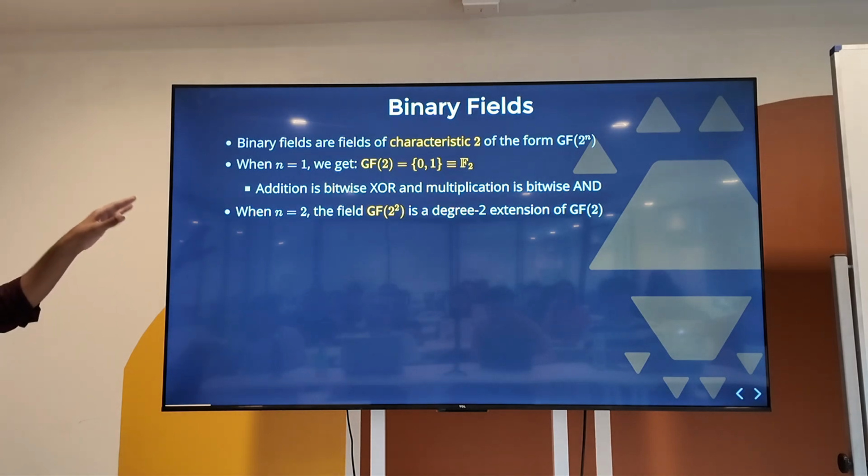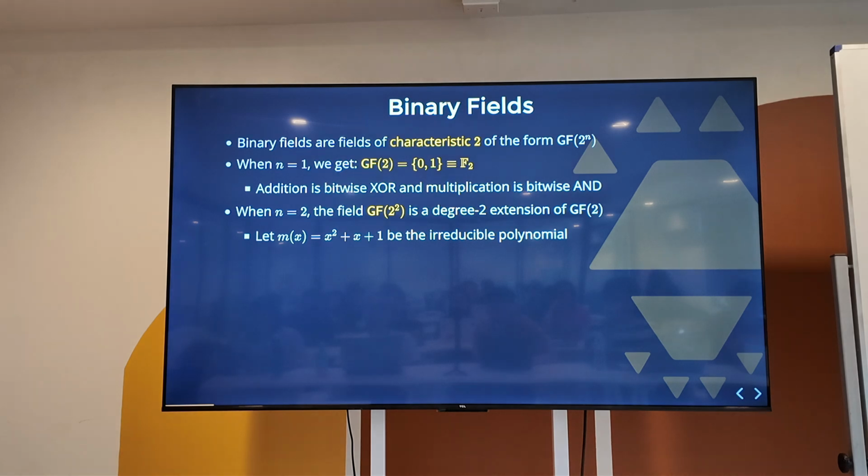We'll stick to the binary fields case, and we'll see how we define GF4. To define these extension fields, we not just need a degree of extension, but we also need another parameter called an irreducible polynomial.